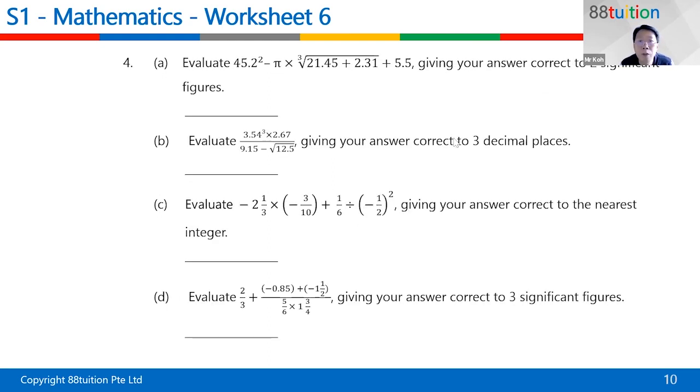All right, now for the next one, evaluate this, giving your answer correct to two significant figures. Okay, so when you see evaluate, you can use a calculator to do your calculation. After you get your answer, then you write the answer correct to two significant figures.